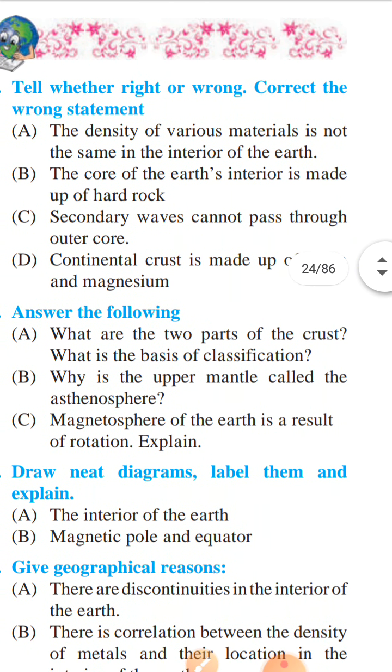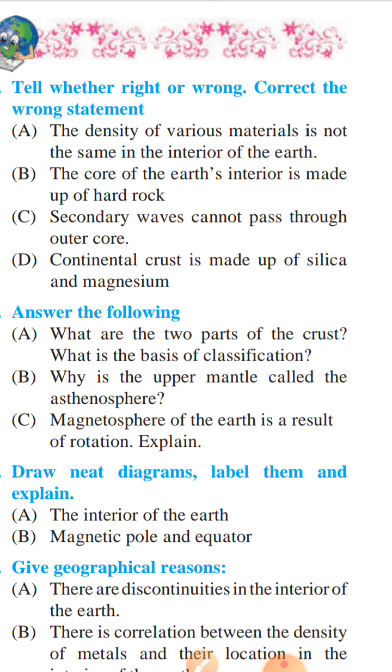What are the two parts of the crust? What is the basis of classification? Tell me what are the two parts of the crust, just now we have discussed. Yes, continental crust and oceanic crust.